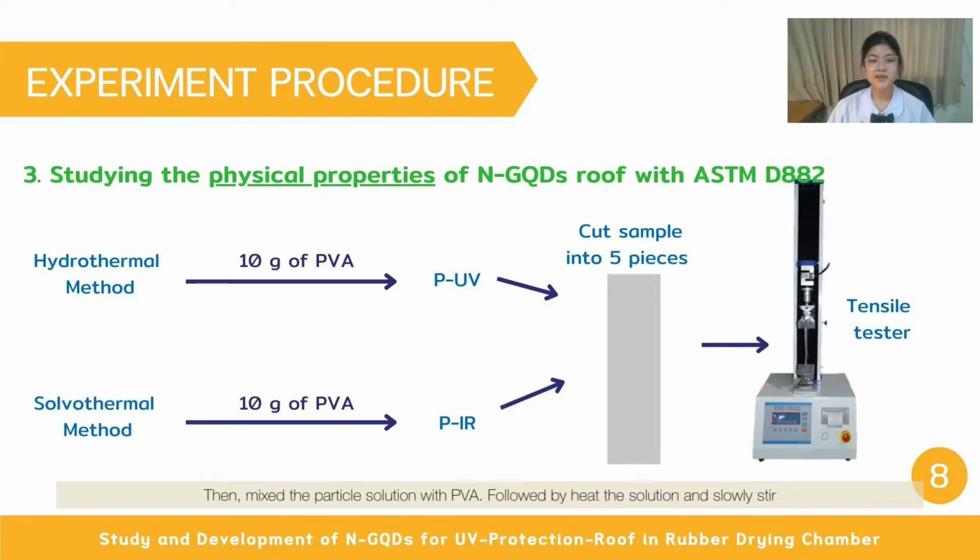Then, we mix the particle solution with PVA, followed by heating the solution and slowly stirring. When done, put the solution into the mold. The physical properties can be tested by cutting the sample into small pieces and measuring the stress and strain by tensile tester.